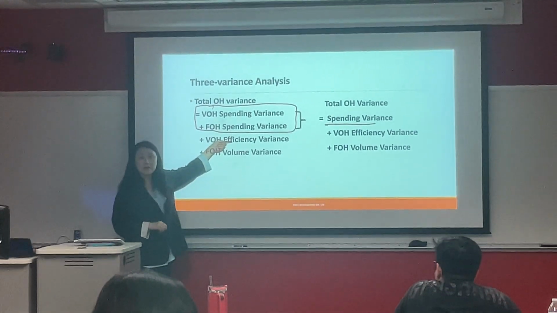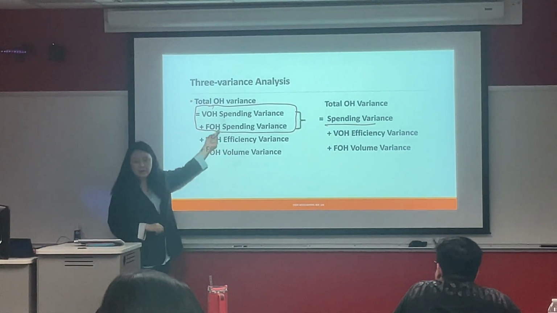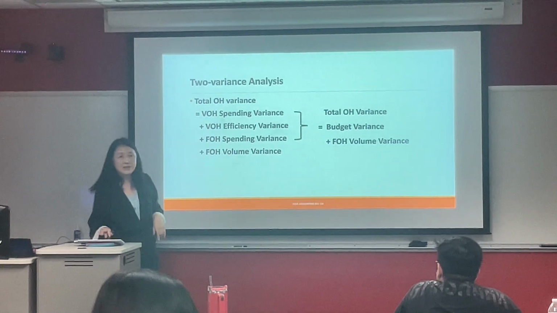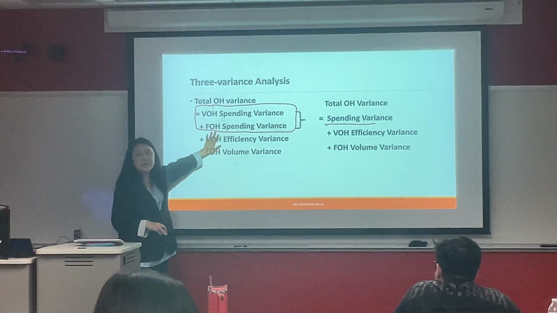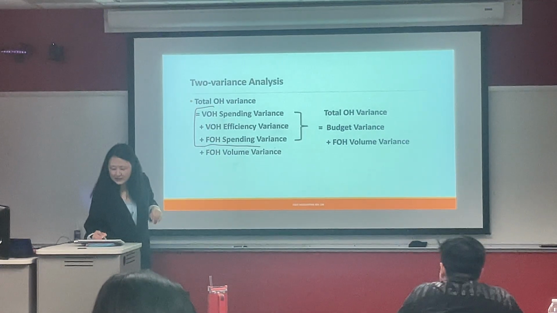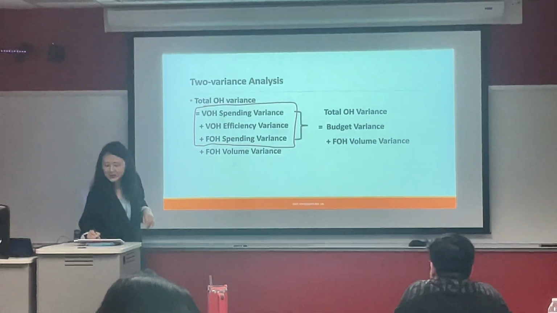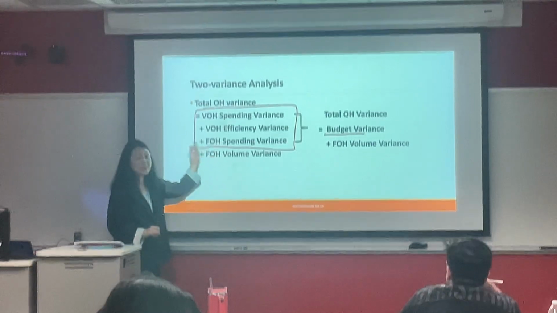This one is based on the cost driver, and this one is based on the volume. So that's the 3-variance analysis. We did this in 1 minute. And then for the 2-variance analysis, you just add all three together and call that the budget variance, and the rest of that is volume.